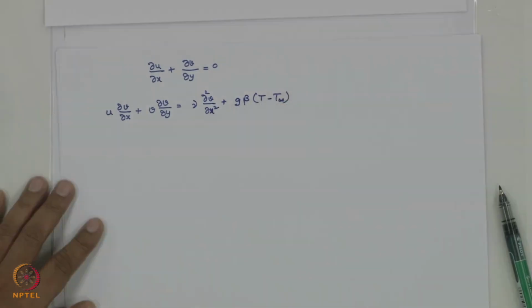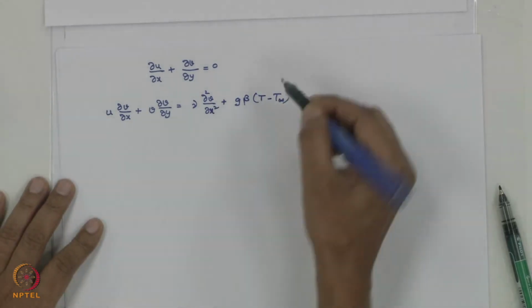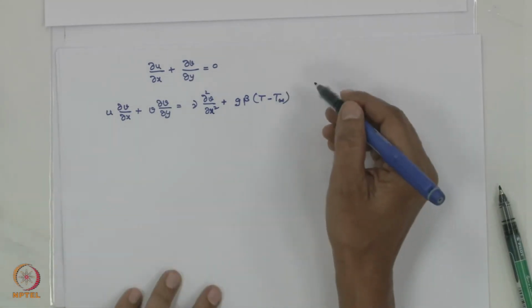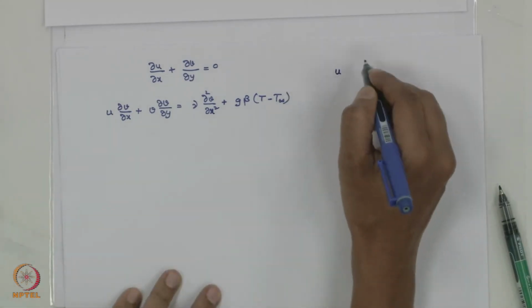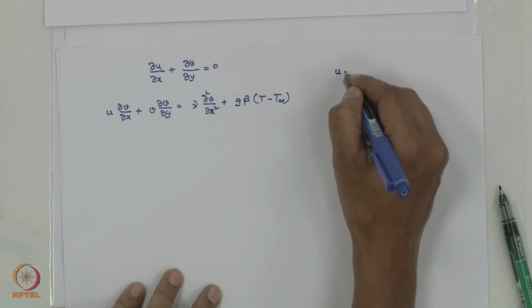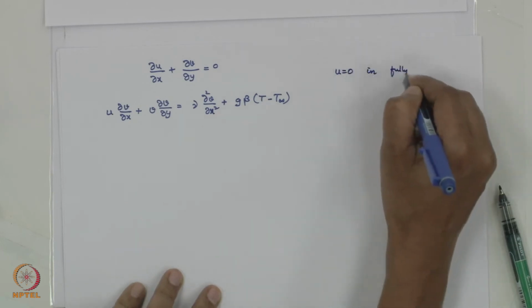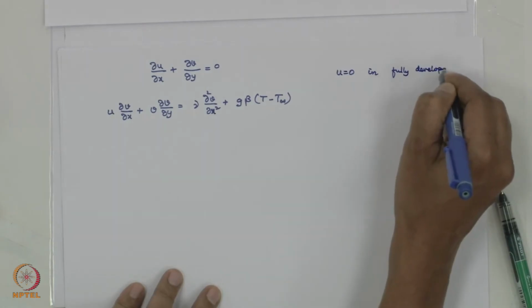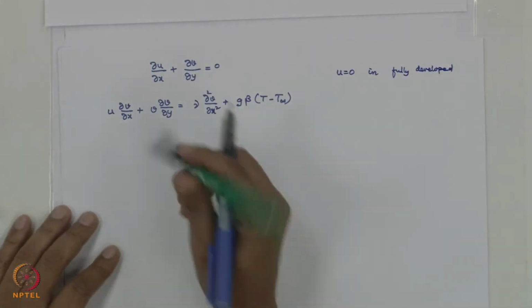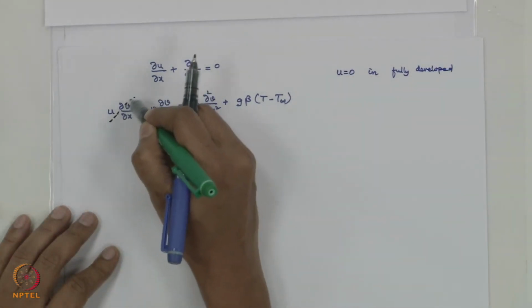But I have taken the channel long enough, so u scale is very small, that is u is equal to 0 in the fully developed region. So this term will vanish.